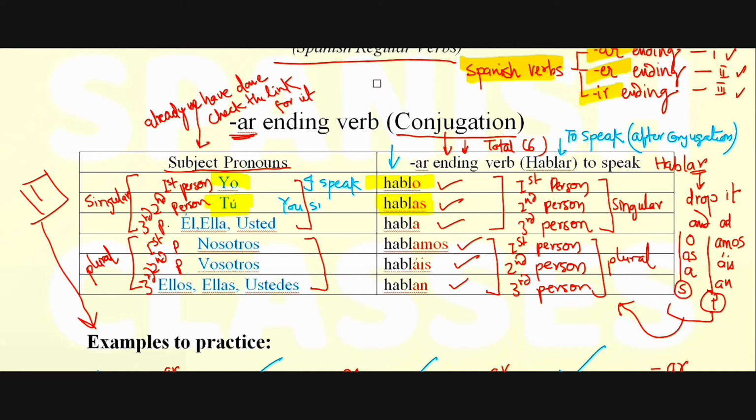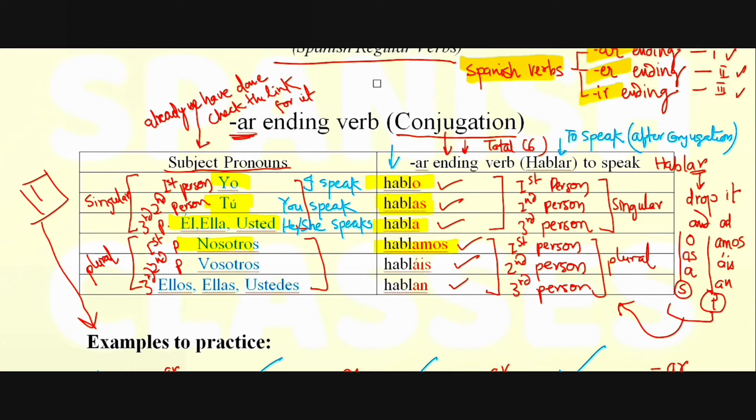Tú hablas is you speak. Means if you know subject pronouns and conjugations, easily you are framing a simple sentence. Él, ella, usted habla. Él means he, ella means she, and usted means formal you. So he or she speaks. You can write like this.